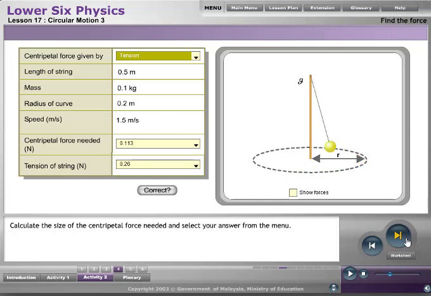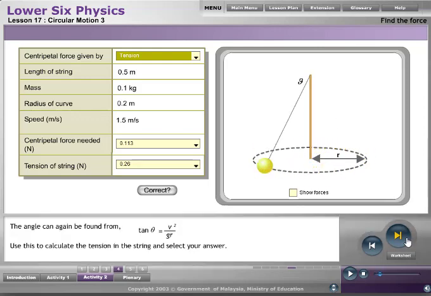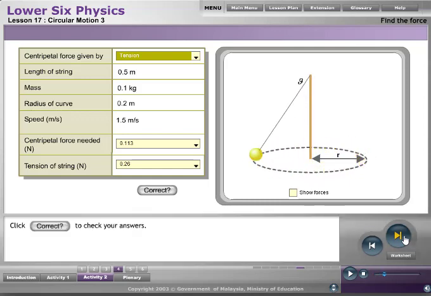Calculate the size of the centripetal force needed and select your answer from the menu. The angle can again be found from tan theta equals v squared over gr. Use this to calculate the tension in the string and select your answer. Click the Correct button to check your answers.